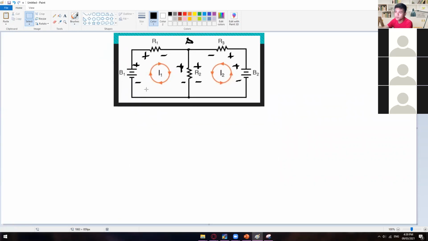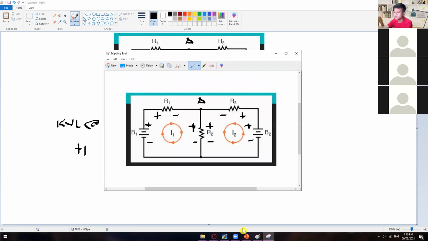From loop one, we will be able to have this KVL equation. KVL at loop one. So from here I have positive B sub 1. What is the value of that one?